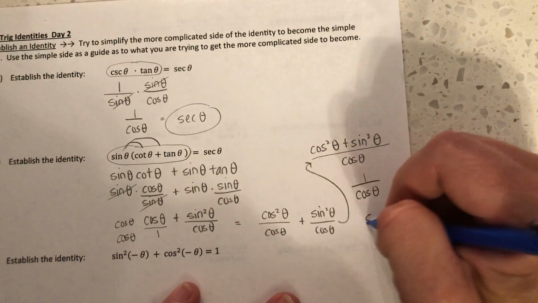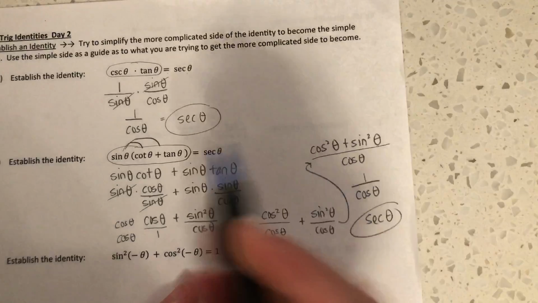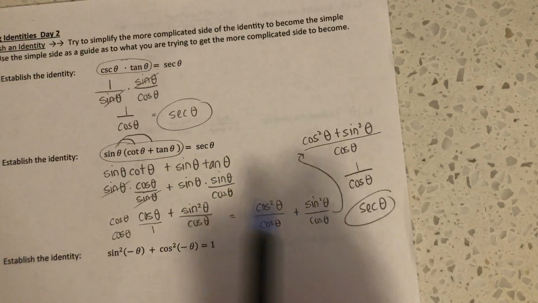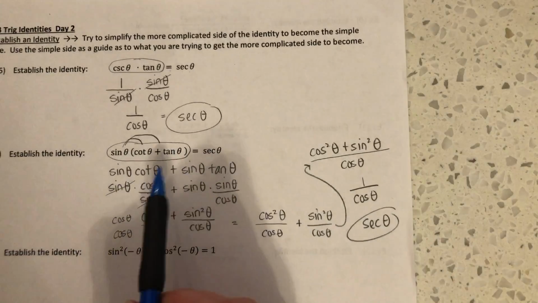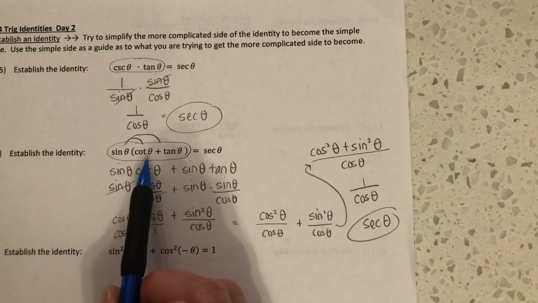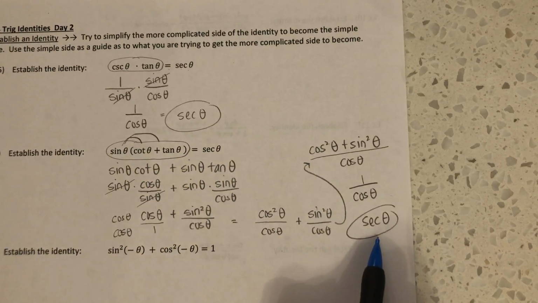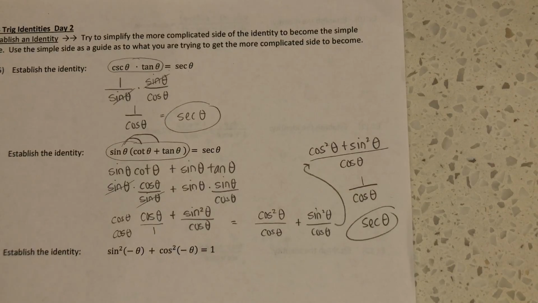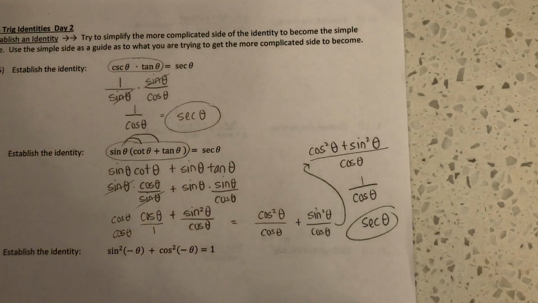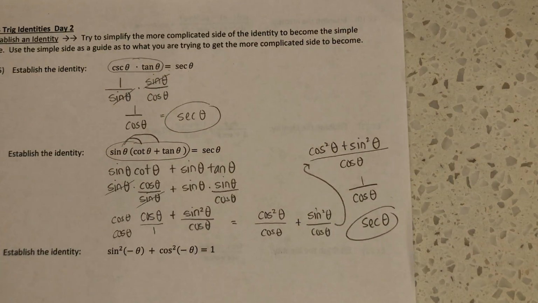Secant theta. So I have just turned the left side of this problem into the same thing as the right side. So I have established this identity. This really does equal that because I can rewrite this as just secant theta. All right, and again, these are not the only ways to do these problems. Some of them have more than one way. I'm just trying to show you some of the most common techniques that your book is going to use, okay?